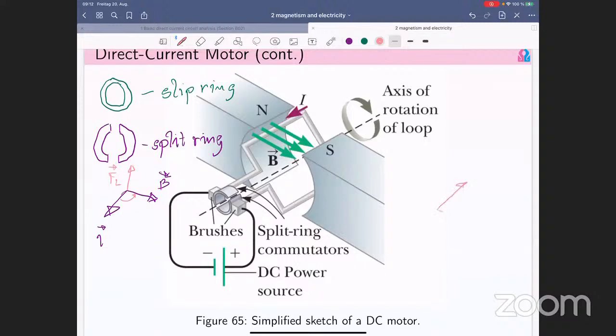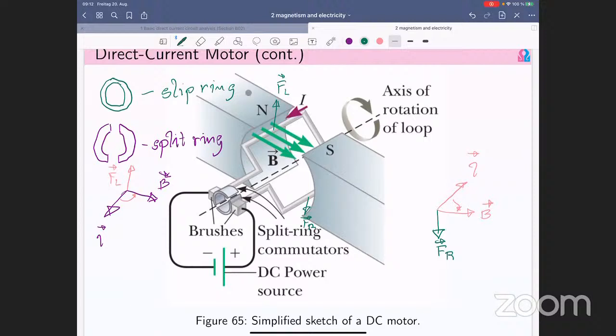So you have vector L like this, and you have vector B like this. That's vector L, that's vector B. And you just rotate from L to B. In L to B, you get downward direction of the force on the right side, and that's the force on the right side, and you get downward force FR, and you get upward force on the left, and both forces will give you the torque, right?